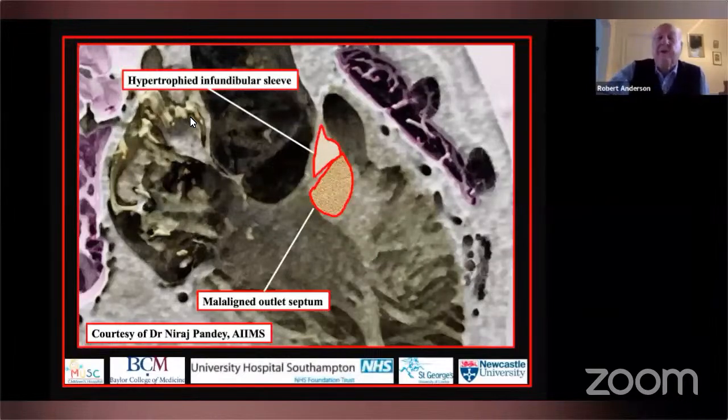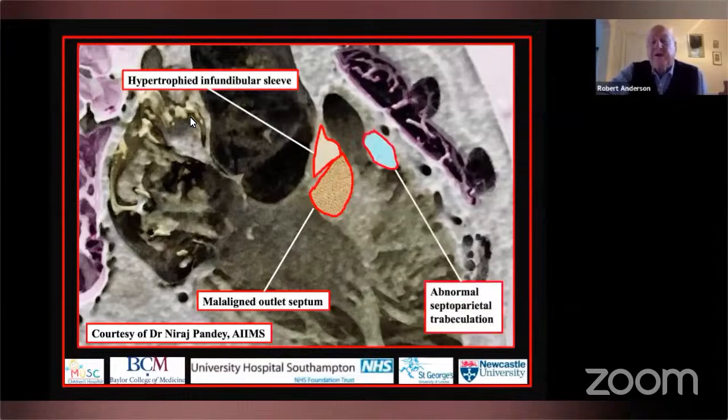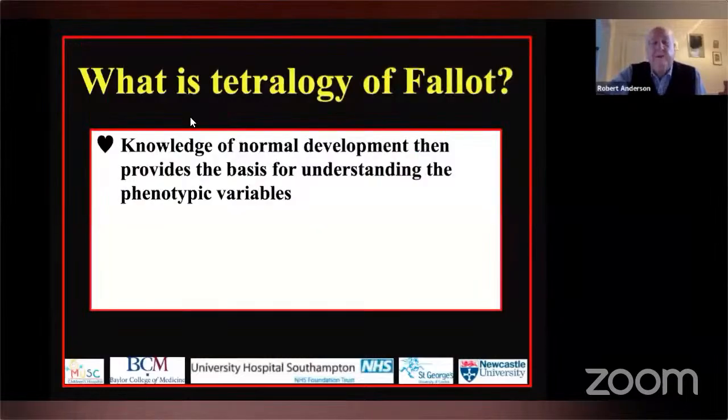And once more you can recognize that the infundibular sleeve is separating the freestanding, narrowed infundibulum from the sinuses of the aortic root. But what you can see particularly nicely now is the abnormal septoparietal trabeculations, and this cut of the computed tomographic data sets shows you exquisitely the phenotypic feature of tetralogy of Fallot.